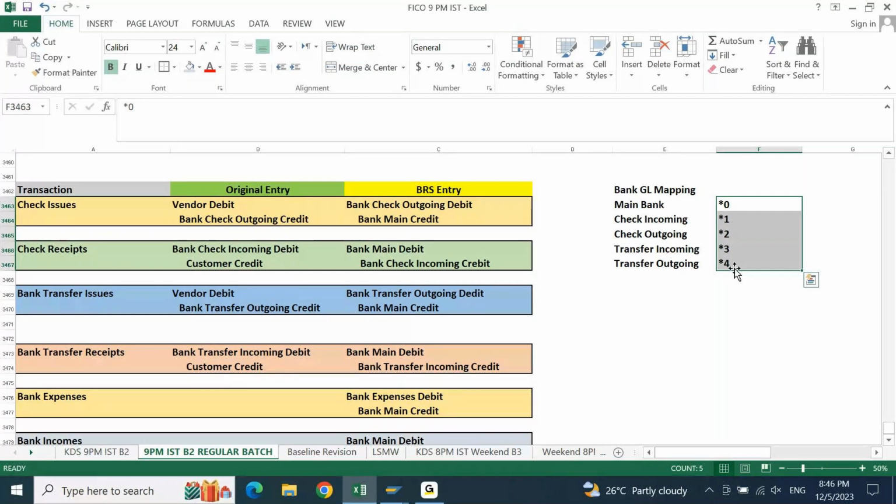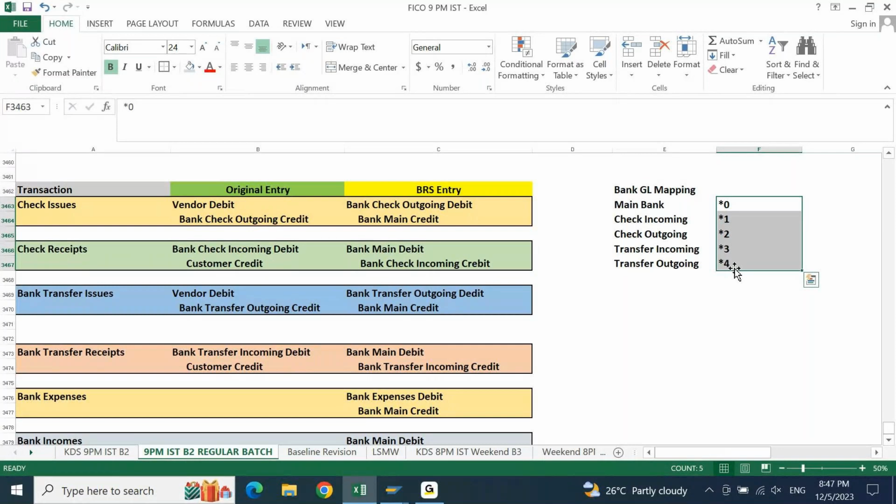You said that for every bank account we will have 10 GL accounts, starting with 0 and ending with 9, right? So in real time, will it be these 5, or will the consultants use any extra GL accounts?